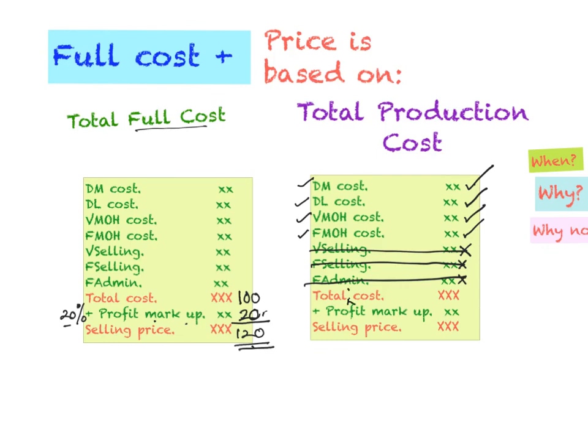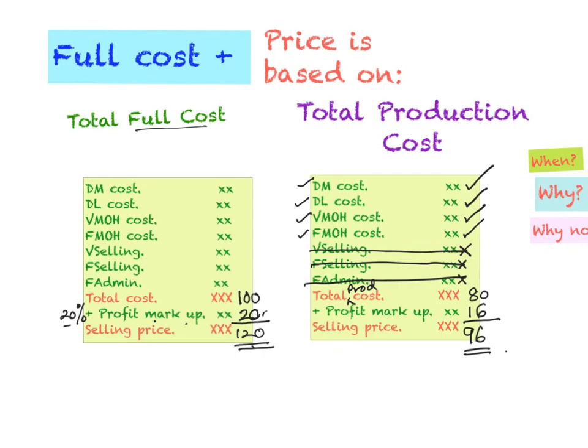Let's say the total production cost is only 80 in this case, and if the profit markup is still 20%, or 16 ringgit, instead of 20, then the selling price will only be 96 ringgit.